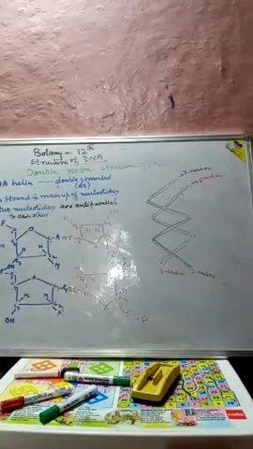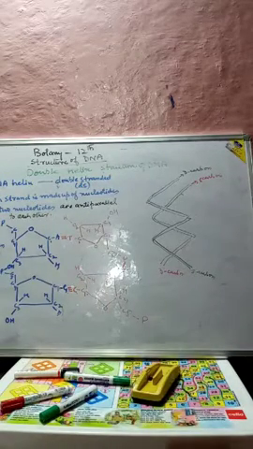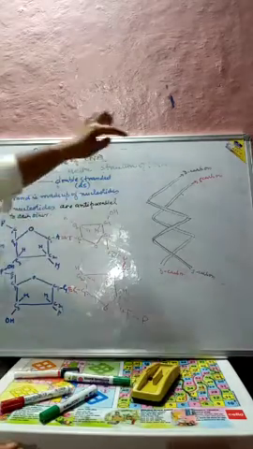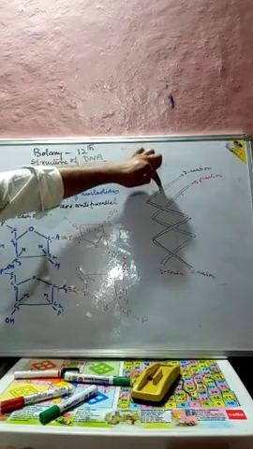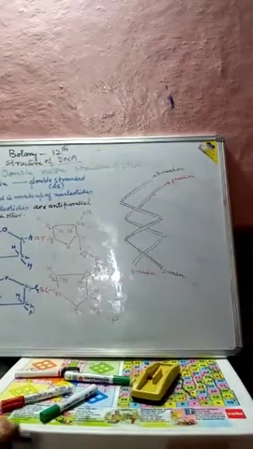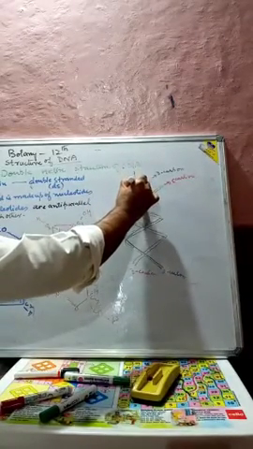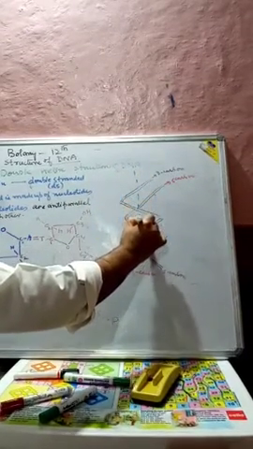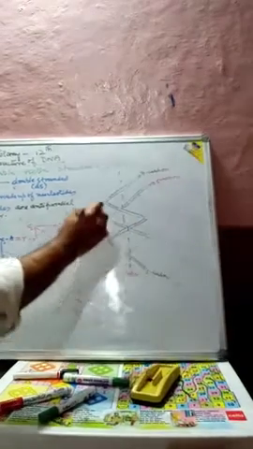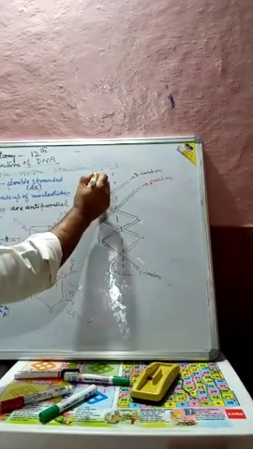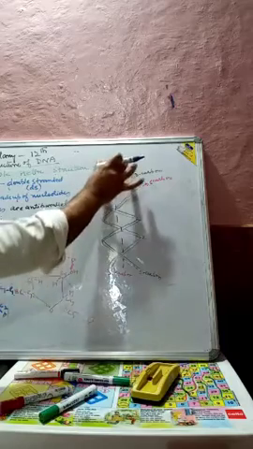Third point: if we try to draw the axis, we will see the diameter.